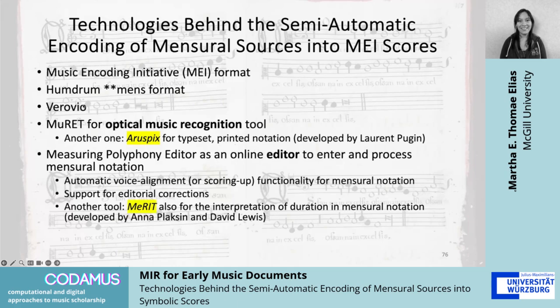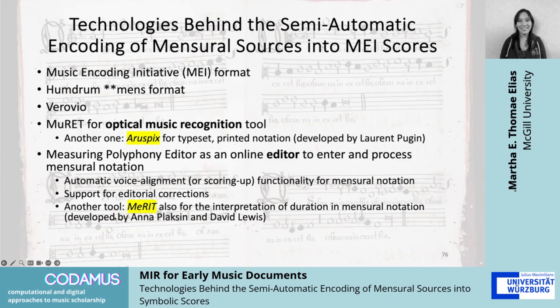I also mentioned the Measuring Polyphony Editor as an online editor to enter and process mensural notation. I used it for its voice alignment, or scoring up, automatic functionality and its support for editorial corrections. There's another, more recent tool, MERIT, which also deals with the interpretation of note durations in mensural notation, but more from an analytical point of view.